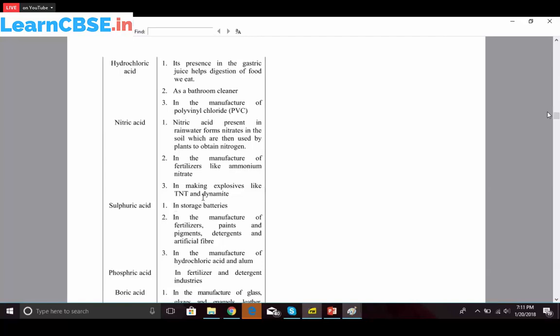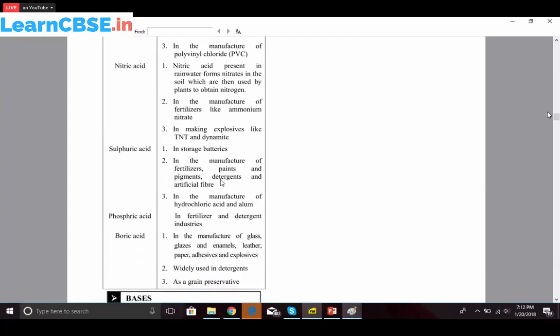Nitric acid present in rainwater forms nitrate in the soil, which can be used by plants for nitrogen fixation. It is also used in the manufacture of fertilizers like ammonium nitrate, NH4NO3, and to make explosives such as TNT, trinitrotoluene, and also dynamite.